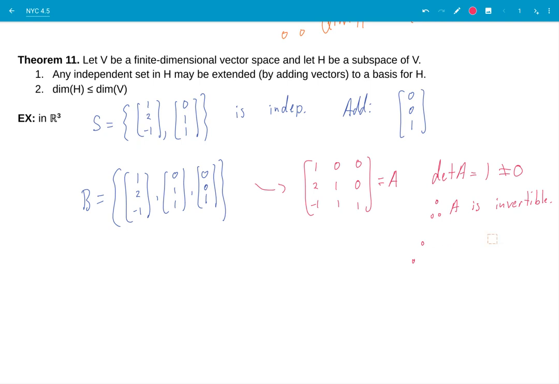Sorry, let's back up a little bit here. Invertible, therefore pivot for every row and for every column.